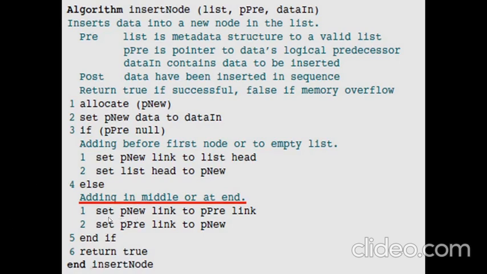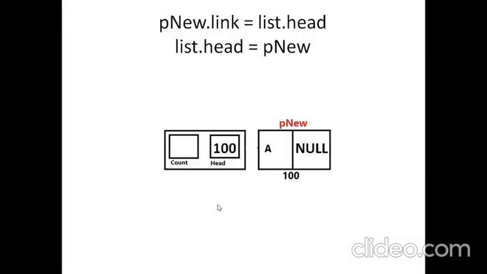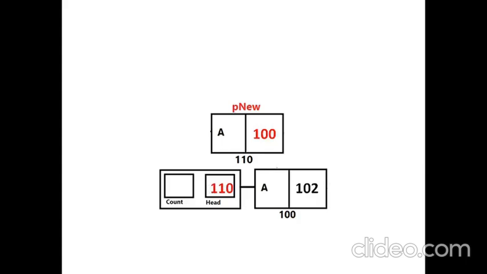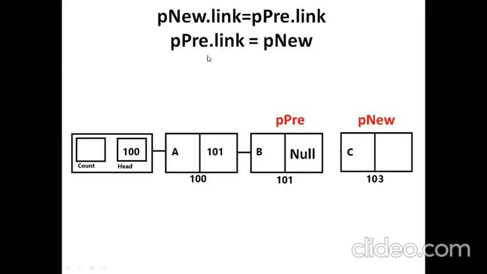Let us observe the statements. Set pnew.link to p3.link, set p3.link to pnew. These are the two lines, whether we want to insert in the middle or at the end. So how does it actually work? pnew.link equal to p3.link and p3.link equal to pnew.